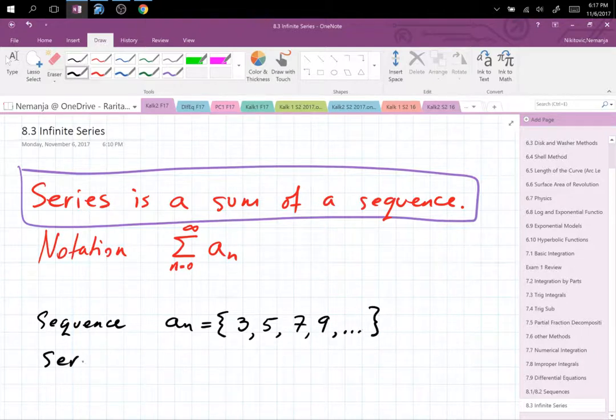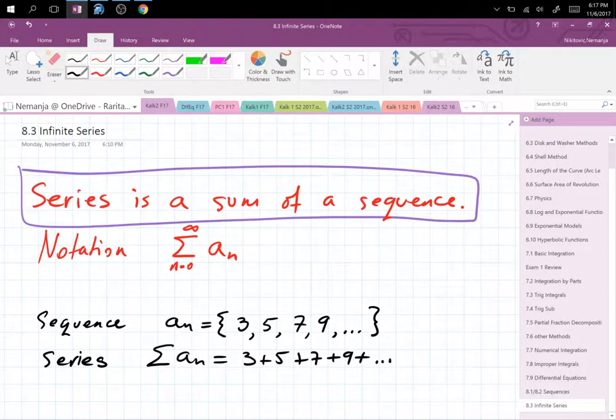You get the series for it, which is the series of a_n, and that will be 3 plus 5 plus 7 plus 9 plus dot dot dot. You see the same members between sequence and series. Same numbers, except a sequence is a list, so it gets commas, and a series is the sum, so it gets pluses.